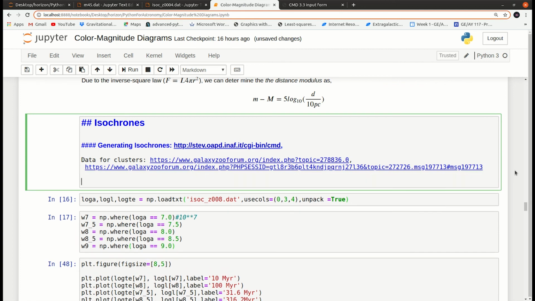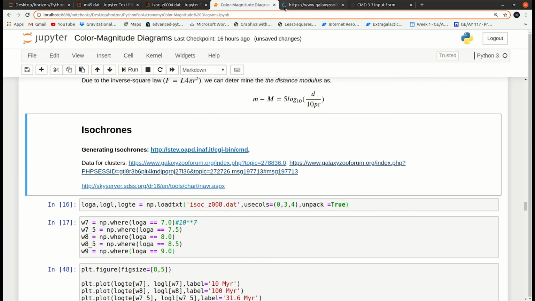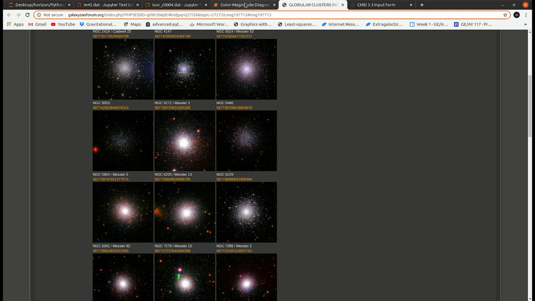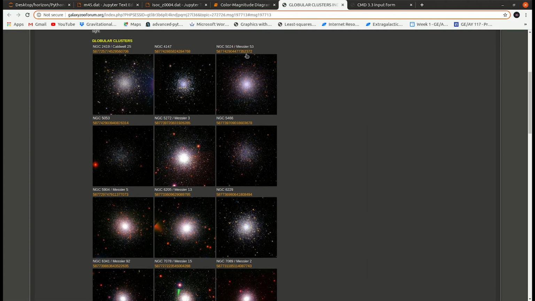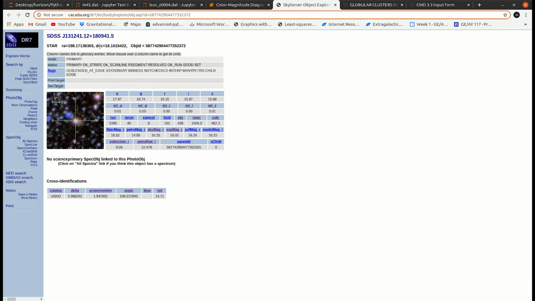I use SDSS, whereas you can use others. So this is another link where you have the list of essential globular clusters, and the other link is for open clusters. For example, this guy. If you take a cluster like this, you go to the link of that particular SDSS column.